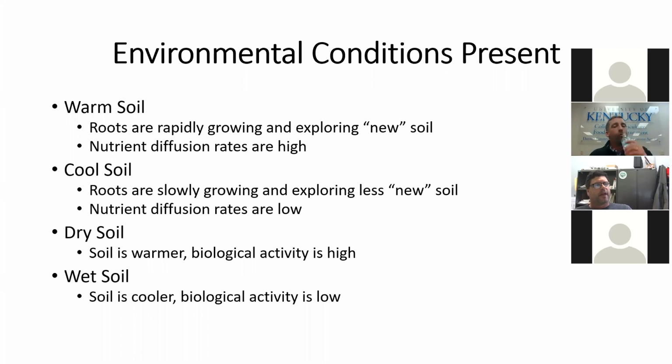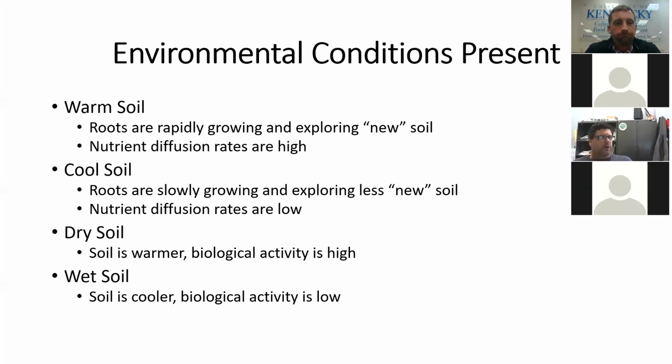They're able to access that and take it up. And our nutrient diffusion rates are higher. Warmer is better for nutrient uptake. Cool soils, roots aren't growing as fast, and also working against you, in cooler soils, diffusion rates are lower. So you have less root growth and slower diffusion rates.